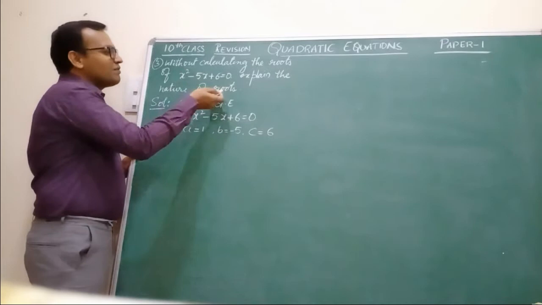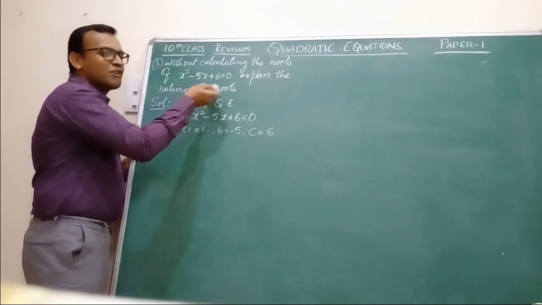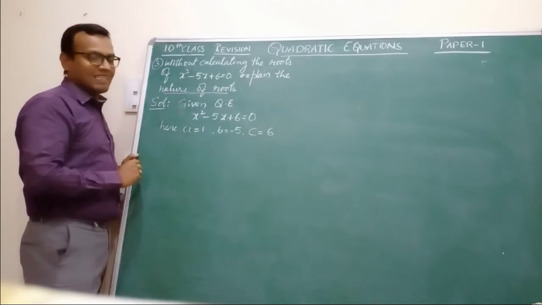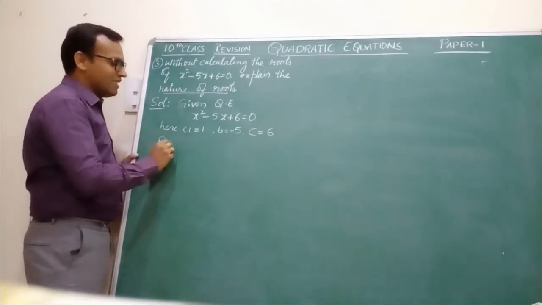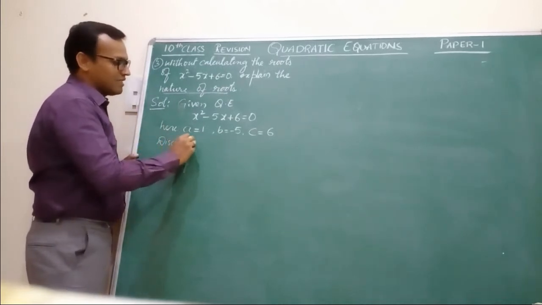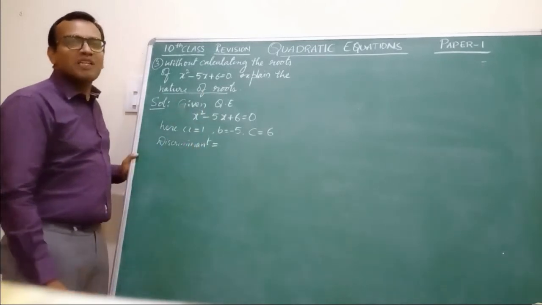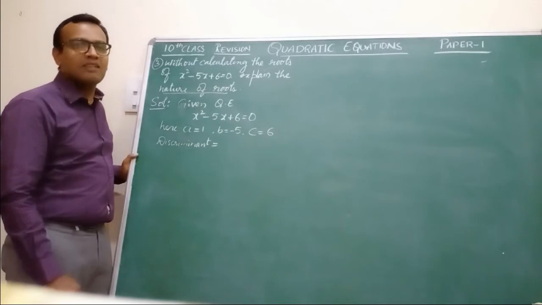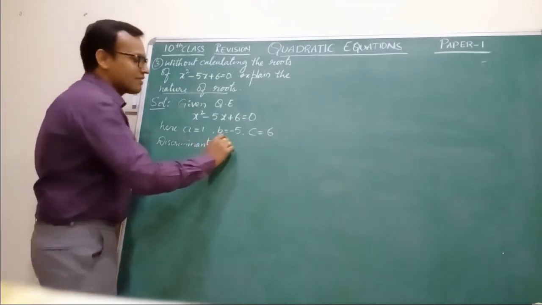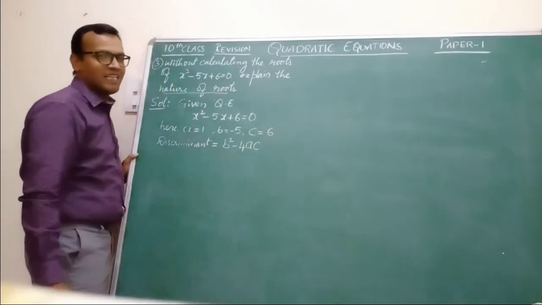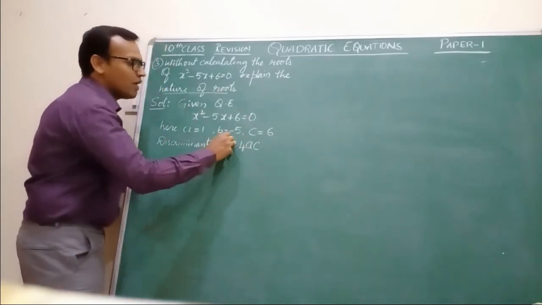So what do we have to find? Nature of roots. To find the nature of roots, we need to find the discriminant. So let me write here discriminant. So students, tell me, what is the formula for discriminant? Yes, discriminant is b square minus 4ac. B square.